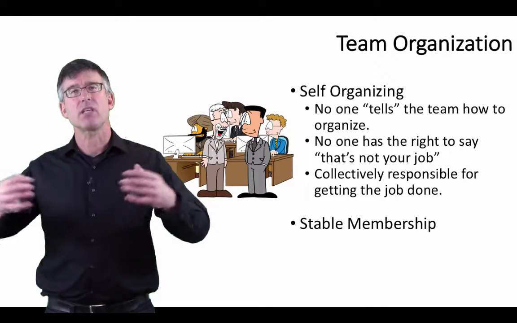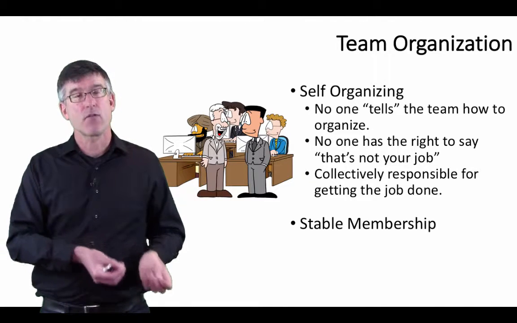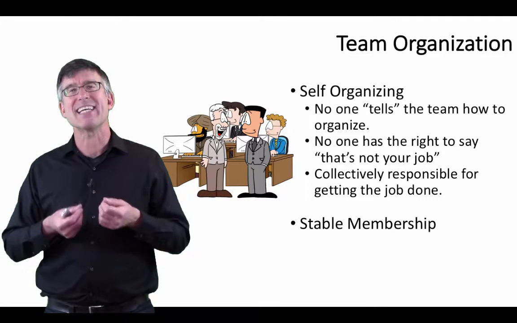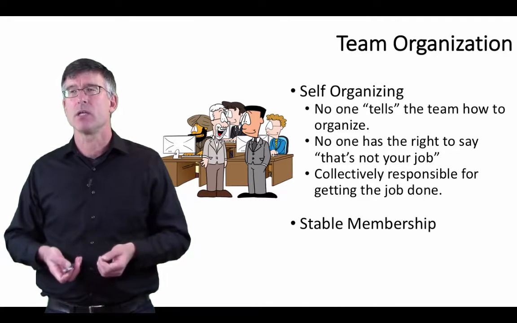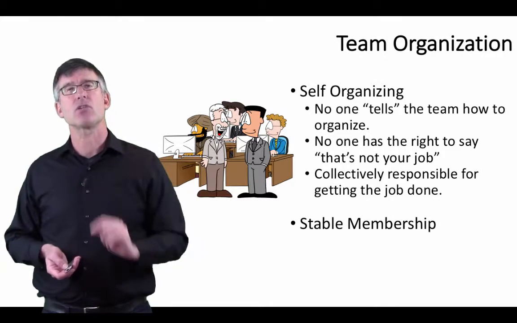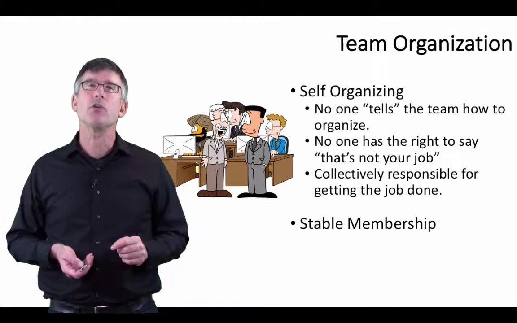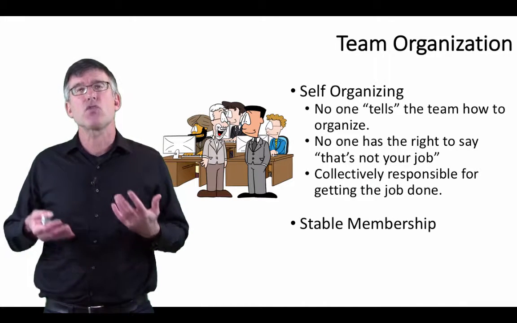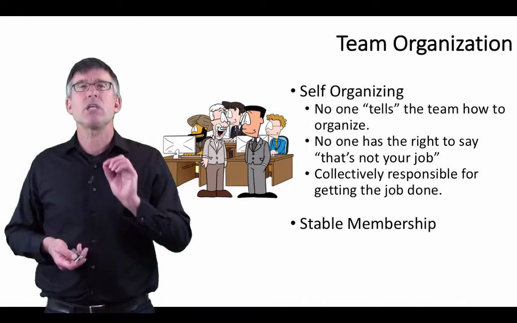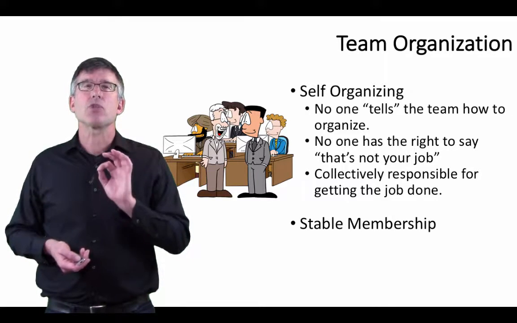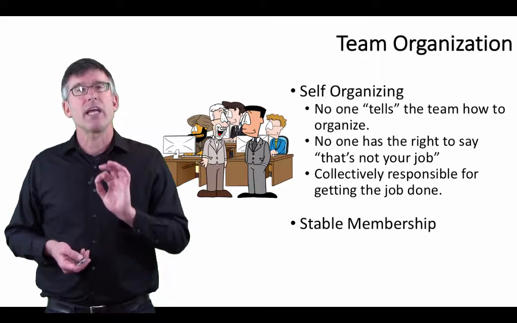The team basically takes work from their backlog and decides what's the best way to get the job done. So no one has the right also to say, wait, you can't do that. That's my software. I don't want you or anyone else touching that. Now, you may have the best skills for doing that job, but it doesn't mean that it's your personal property. The team is responsible for getting the job done.